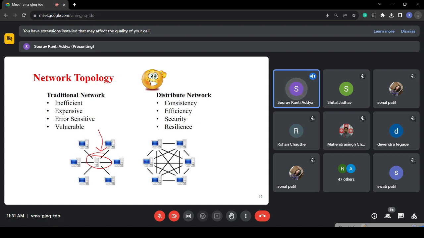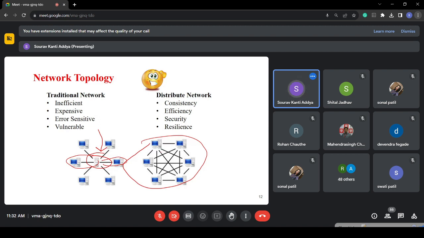And there may be another problem: this particular server may be biased towards a certain number of users. Whatever profit and other things come, they will first share with them, and these other people will be in the dark.